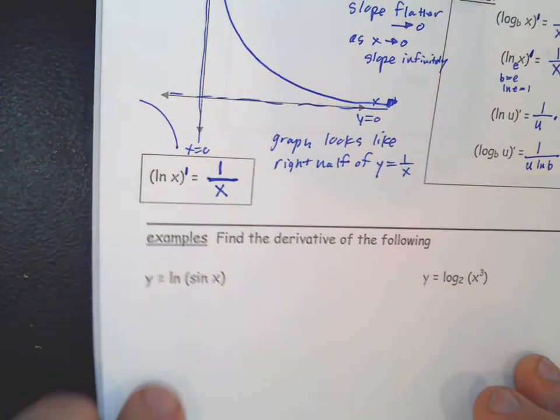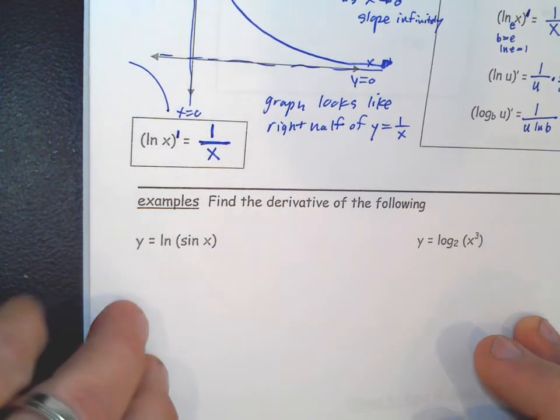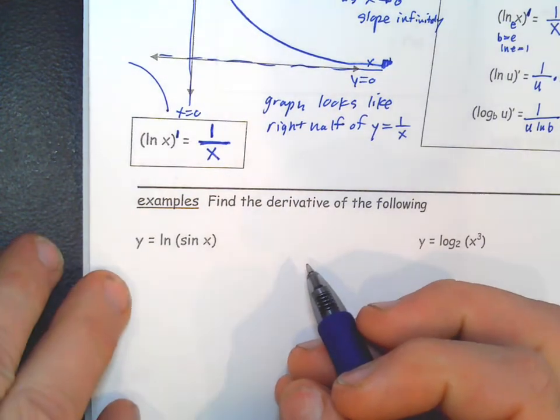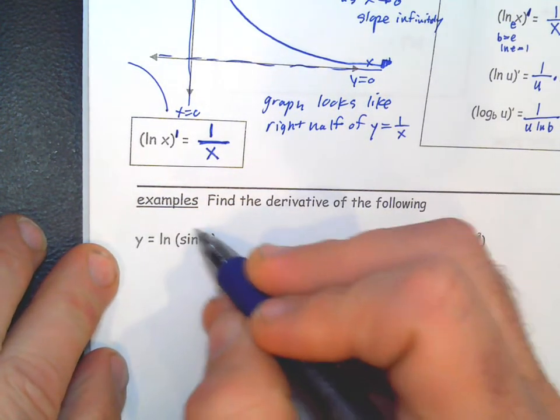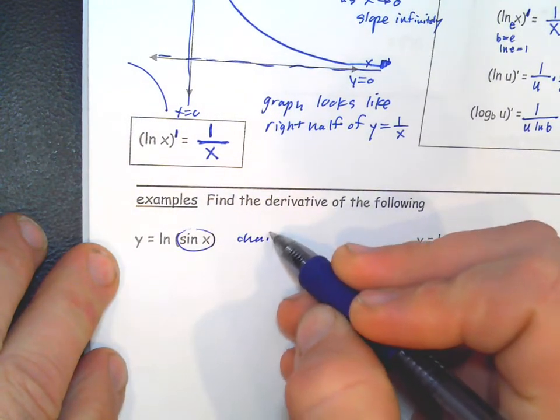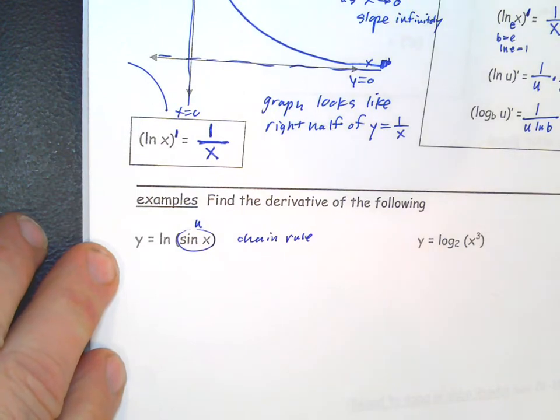Okay, so let's try some examples here. Find the derivative of the following. We're going to have to do the chain rule, right? And so this is like the u. I don't usually write it as u and all that stuff.